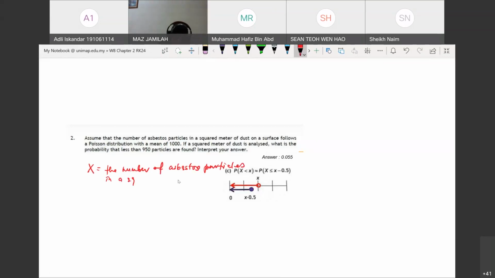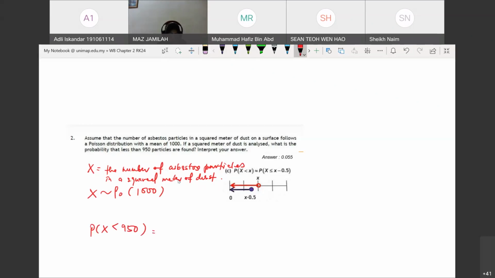It follows Poisson with 1000. If a square meter of dust is analyzed, what is the probability of less than 950? P(x less than 950).